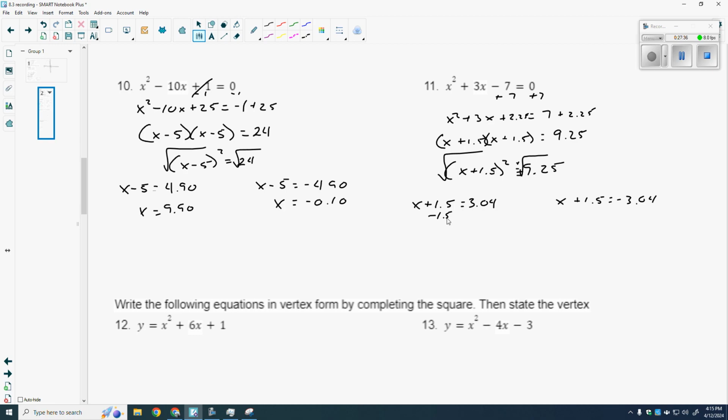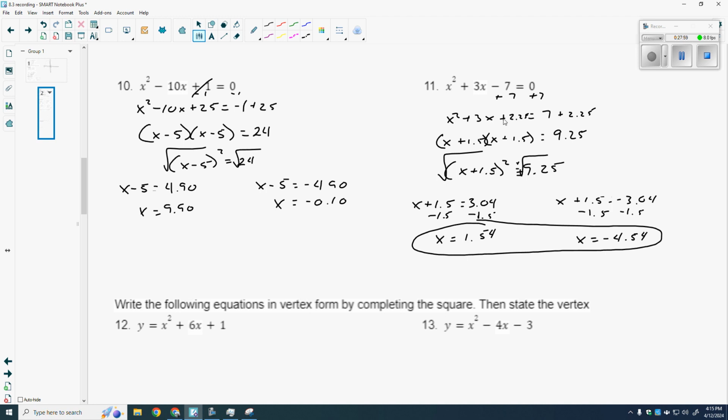Subtract 1.5 from both sides, and x equals 1.54, and subtract 1.5, and x equals a negative 4.54. Okay, and we have those answers and those answers.